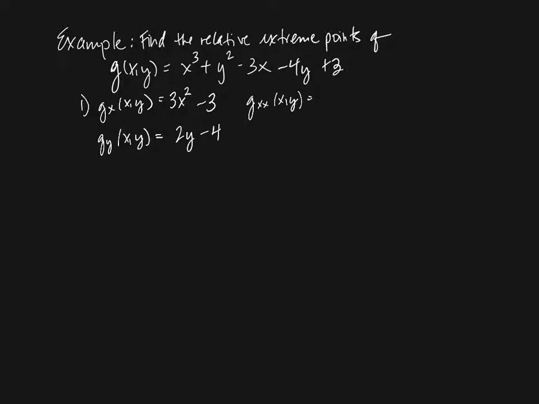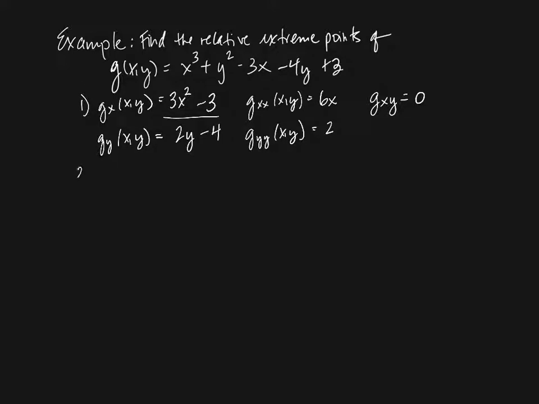So the second partial with respect to x is going to be 6x minus 0. Second partial with respect to y is going to be 2 minus 0. And then our mixed partial, g_xy, so the derivative of g sub x, the partial with respect to x, with respect to y. Well, there are no y's in there, so that's basically treated all as a constant, so that is actually 0.